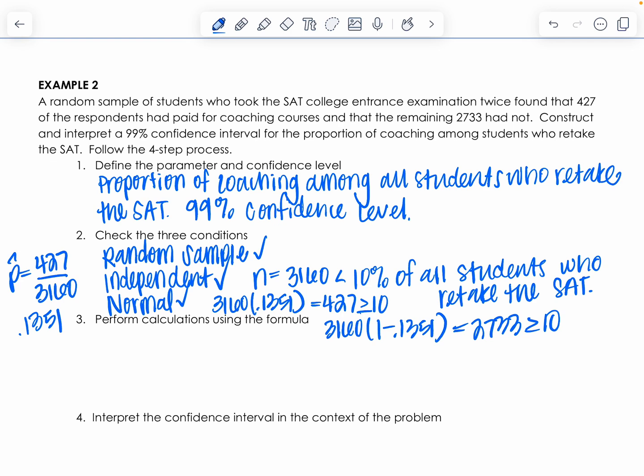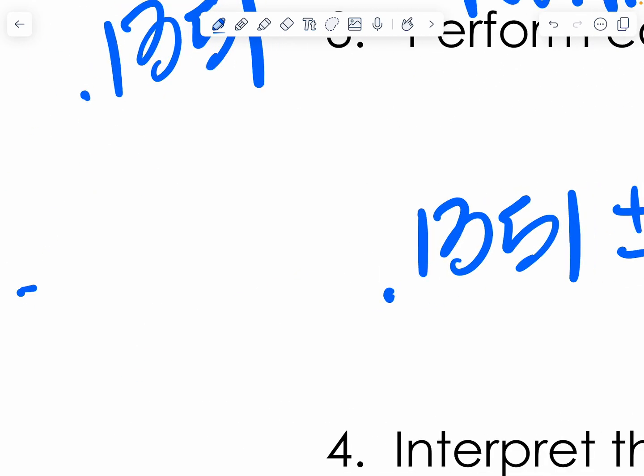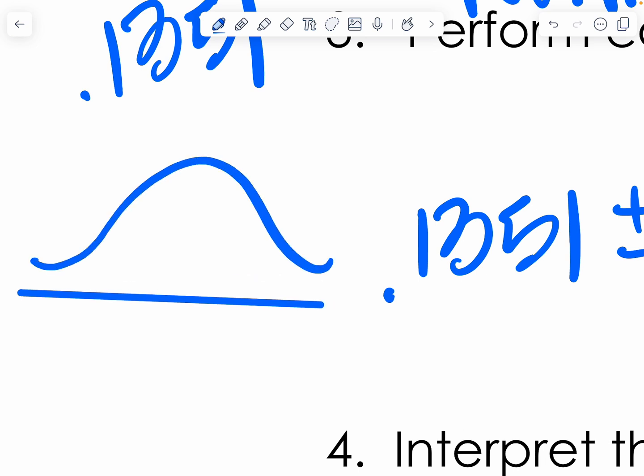Okay, so now we perform our calculations. We already have p hat is 0.1351 plus or minus. Here our z-score. Well, we know we've got negative z and positive z and 0.99 in the middle. Now let's think about this. If we have 99% in the middle, then 1% is not included.